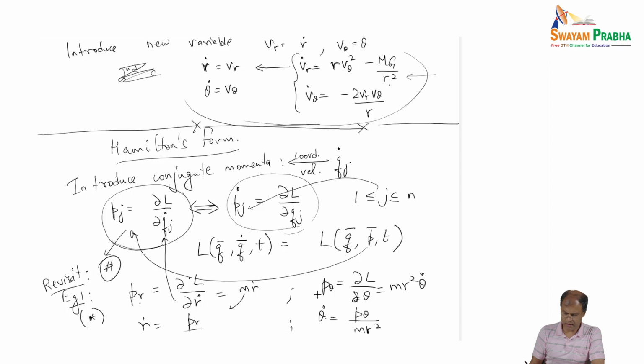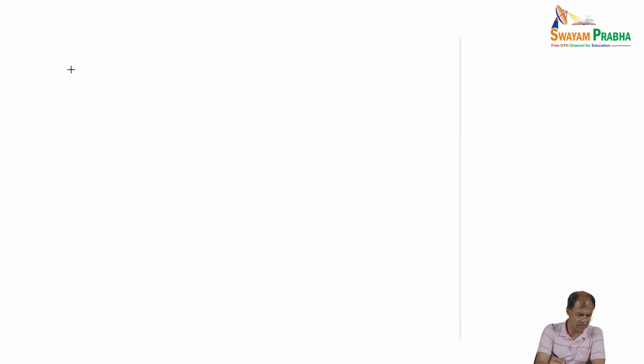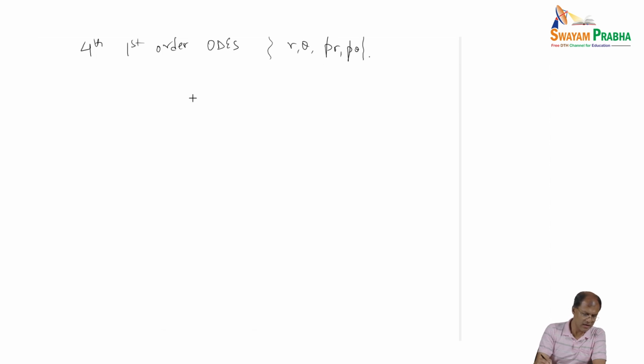And now we can try and rewrite this system of four equations in another format. Let us say we look at the first order ODEs now in terms of r, theta, P_R and p theta, right? And if we write down, we see that r dot is P_R by m and theta dot is p theta by m r square.